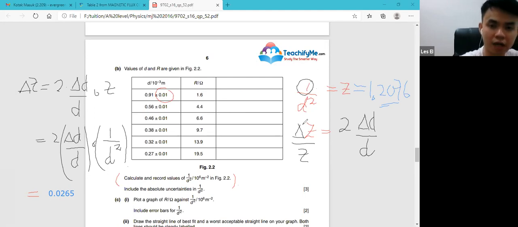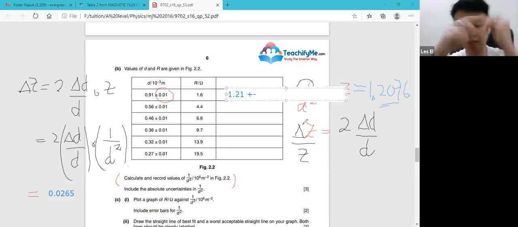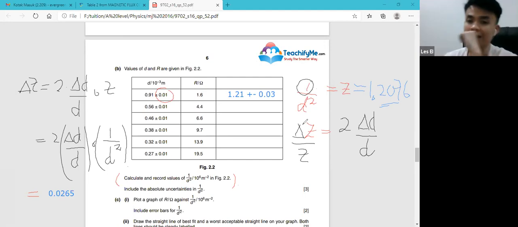So here, I will need you to add one more significant figure. So it becomes 1.21 plus minus, so you have two decimal places, so it becomes 0.03. So right now you have 1.21 plus minus 0.03.